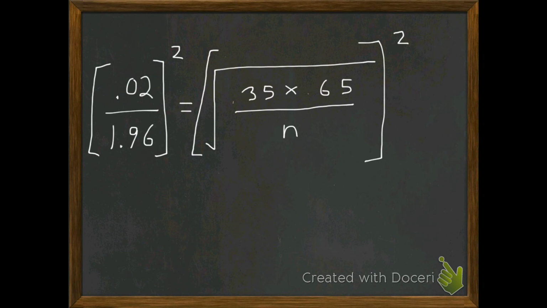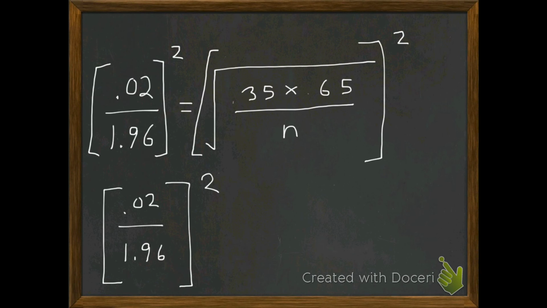Need to get rid of the radical sign on the right side. So the left side and then the right side is going to look like this.